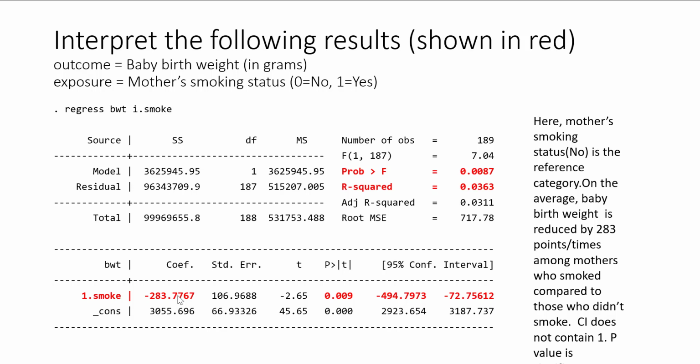All right. So if the confidence interval contains 1, it is not significant. Remember, in odds ratio, when the odds ratio is 1, it means there is no association between exposure and outcome. So the odds ratio is contained within this confidence interval, so it shouldn't contain 1. If it contains 1, it is not significant.